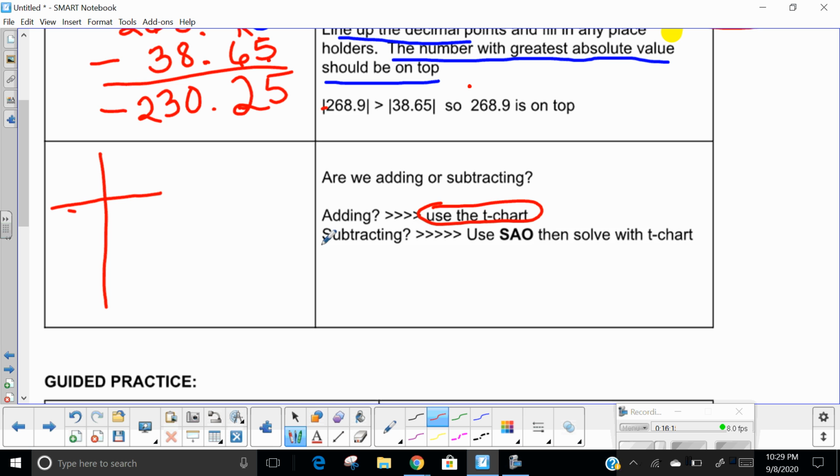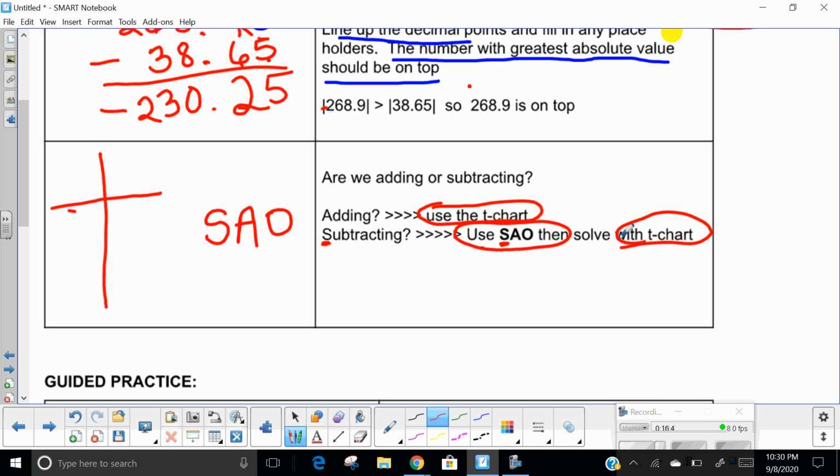And if we're subtracting, that word begins with S. So if we're subtracting, we want to use the SAO process. So the first step, we keep the first number the same, then we change to addition, and then we change to the opposite. Now you have an addition problem, and now you use the T-chart to solve.